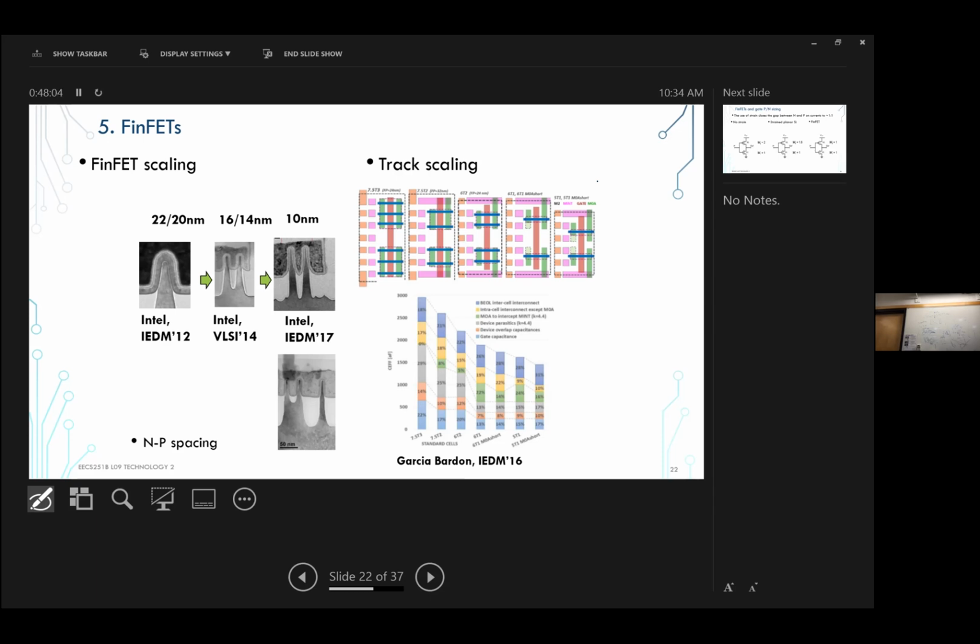You can bring them to a least common denominator, and you'll find that you can fit 3 NMOS fins and 3 PMOS fins in 7.5 metal tracks. That's fine. We can live with 7.5 because the rails are shared between the neighboring cells.